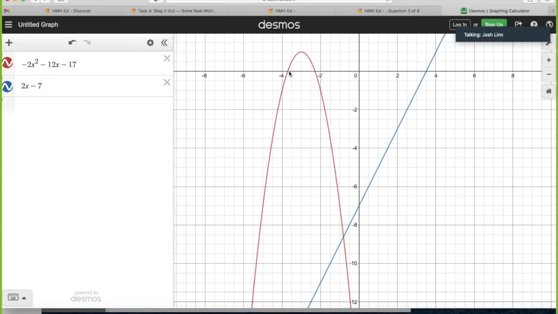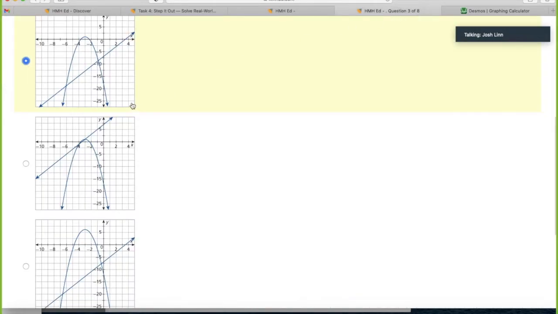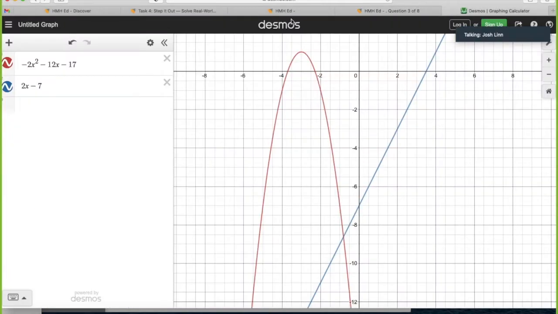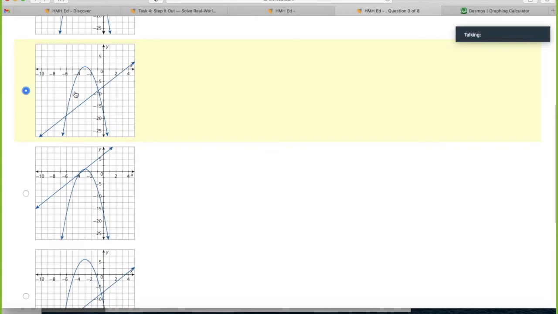So my intercepts here look like a little less than -4, a little bit more than -2. So this one down here has a similar shape, but it's greater than -4, or I guess less than -4. So it's not that one either. So we'll stick with that one.